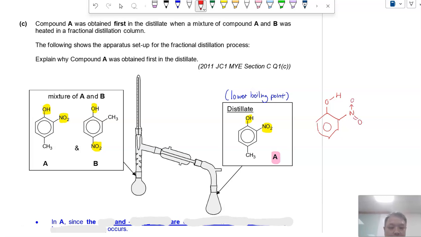From this diagram, you can see that in A, the OH group has a hydrogen that's bonded to a highly electronegative element, oxygen.